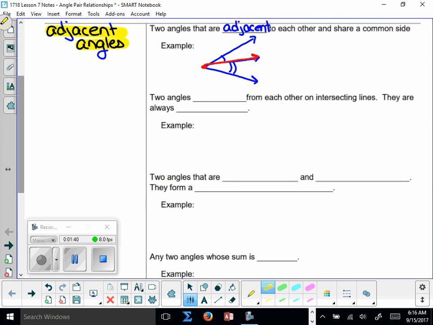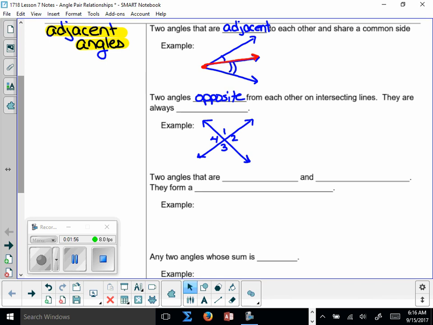Next up, two angles that are opposite from each other or across from each other on intersecting lines. So let's see what that looks like. Well, we would say that angles 1 and 3 are vertical. Angles 2 and 4 are vertical.